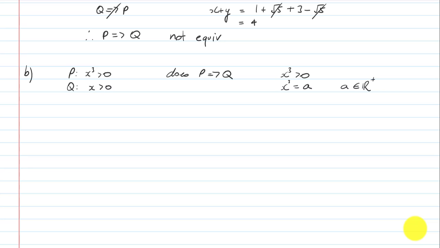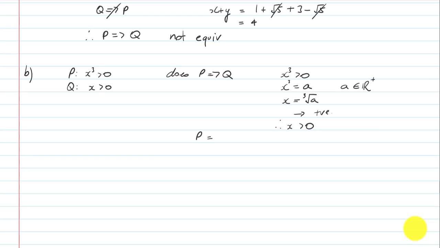So there's nothing about rationals here, just a real number. And therefore, X is equal to the cube root of A. And because A is positive, when you cube root a value that's positive, it has to be positive as well. If you cube a negative value, you get a negative. So this is positive, and therefore X is greater than 0 as well.